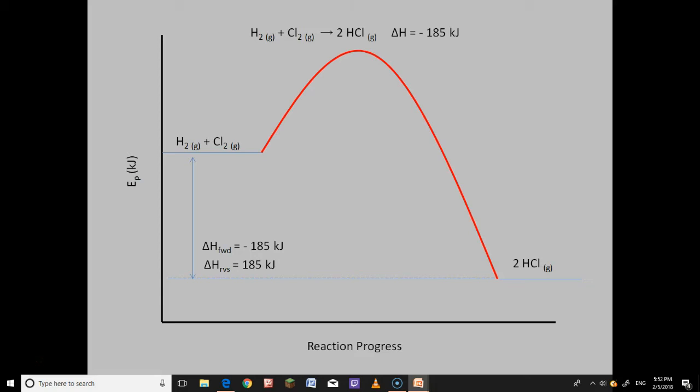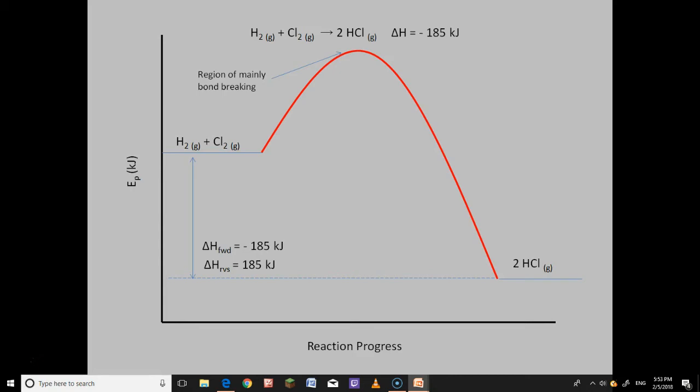This is due to the fact that as they approach each other, they slow down and convert their kinetic energy into potential energy. And after the point of collision, they bounce off of each other and the products go off in their separate directions, causing their potential energy to be converted into kinetic.